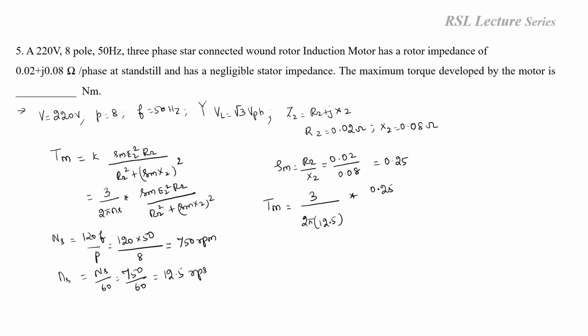For E2, it is given as a star connected machine. The motor is star connected, so in that case, this supply voltage is the line value unless otherwise specified. It should be taken as a line value. So VL is equal to 220 volts. Now we have to convert this into V phase.